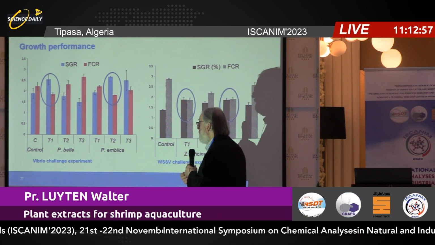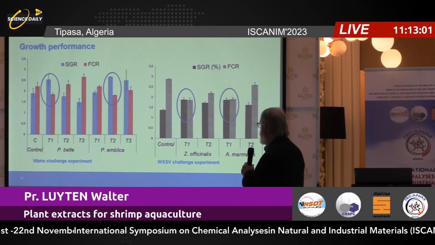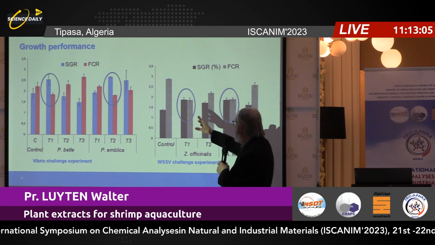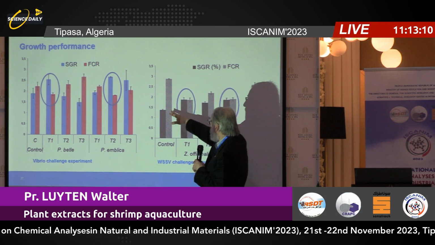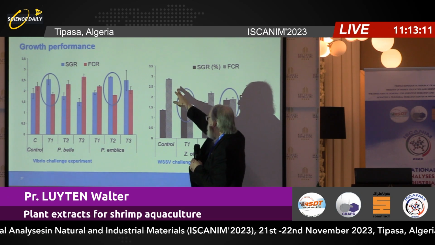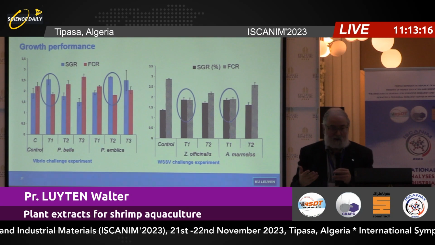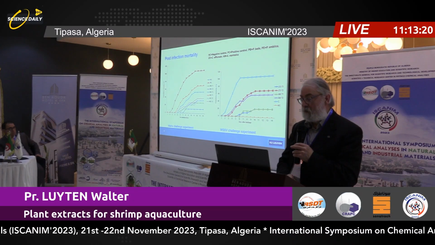So this is very nice. The shrimp grow better even though they consume less food. And for 2 other plants that were tested also in shrimp, you can see the same, that compared to controls they grow faster and the feed conversion is better. So these are attractive properties from a commercial point of view.